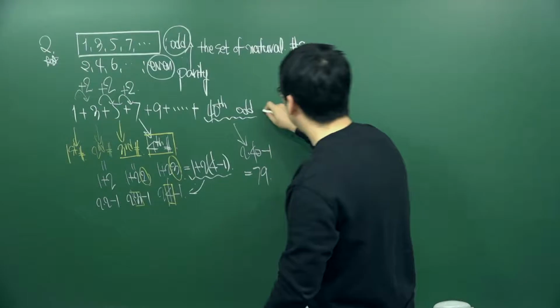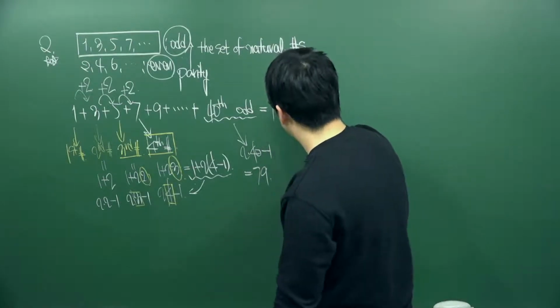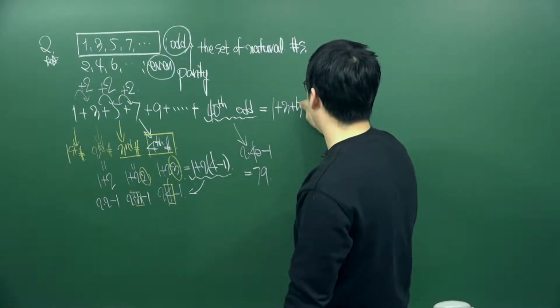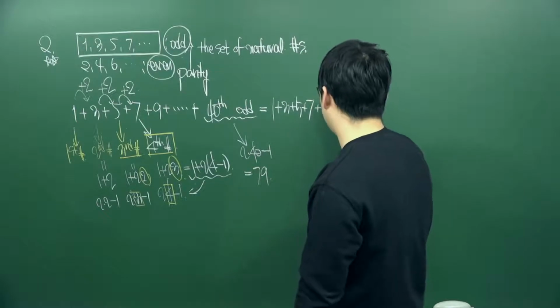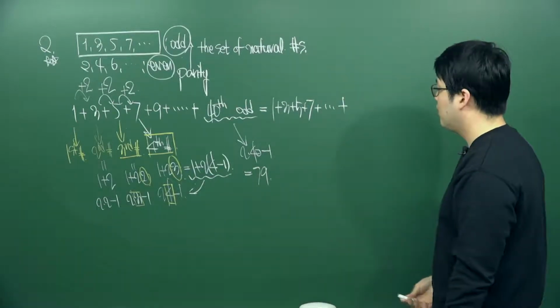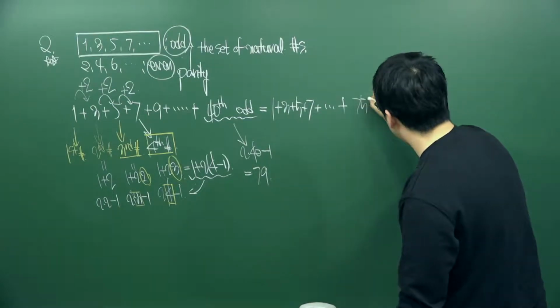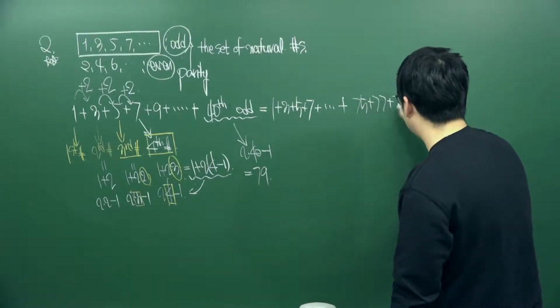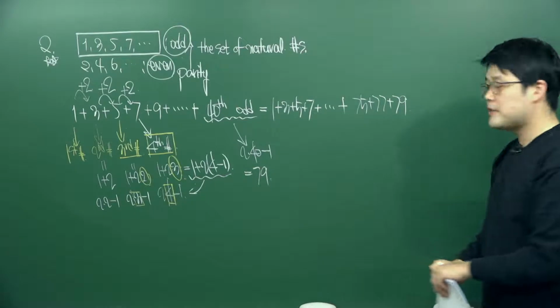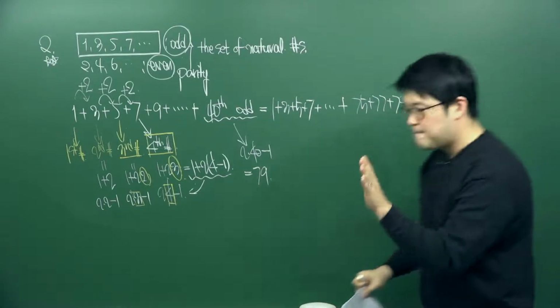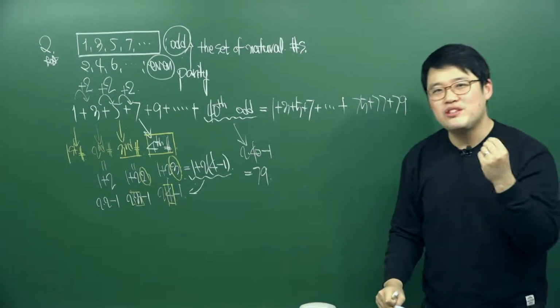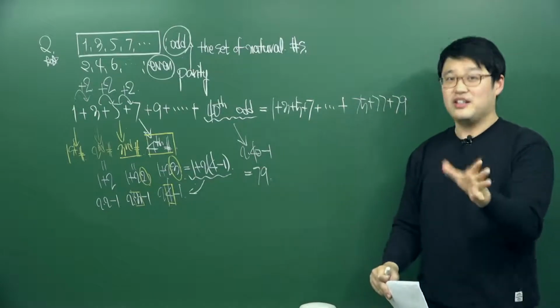All right? So the whole thing turns into all the way, look at this. That's 79. So 75 plus 77 plus 79. Yes? Now, this is where we're using the properties of addition.